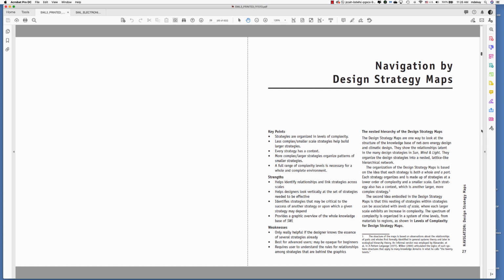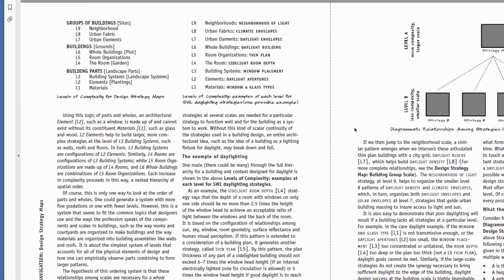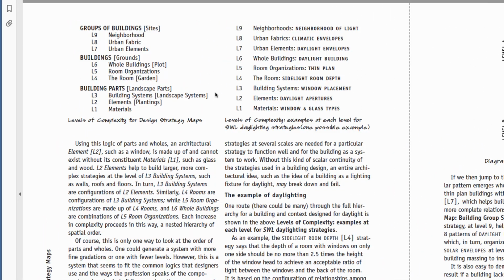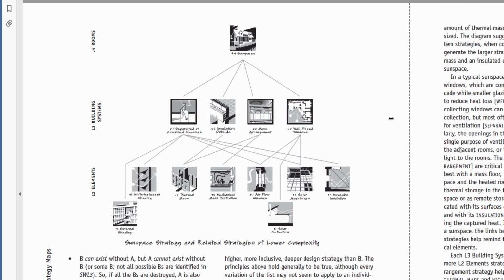This is one that we particularly like, navigation by design strategy maps. And it works with this 9-level system of scale and complexity. We talked about that before. It goes from materials at the bottom up to neighborhoods at the top. The idea is that a strategy at a larger scale helps to organize the strategies at lower scales.